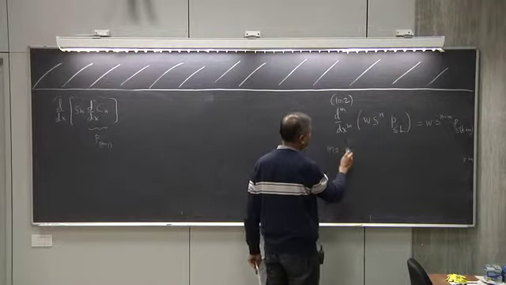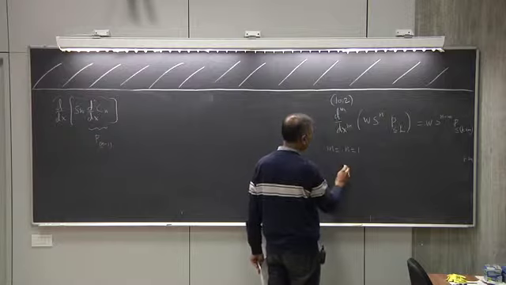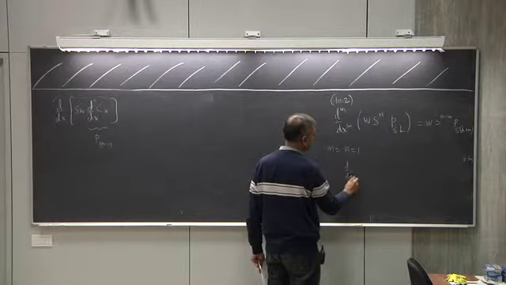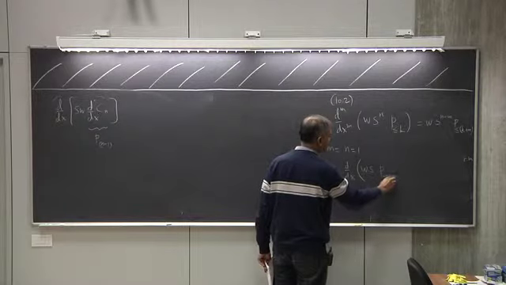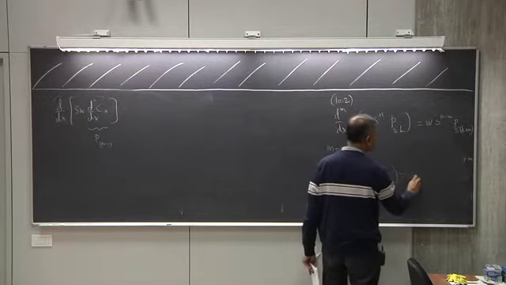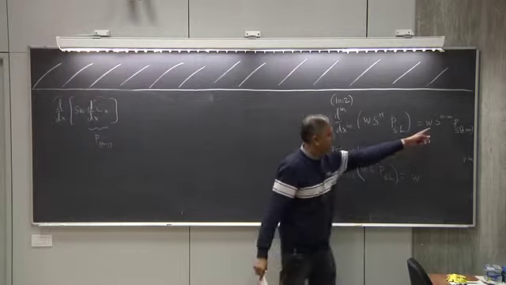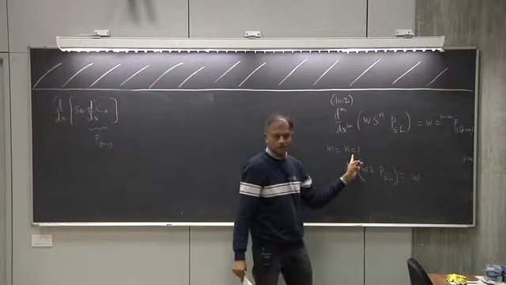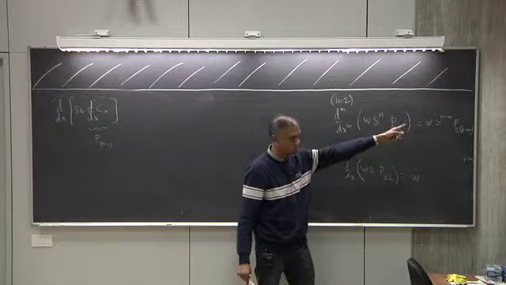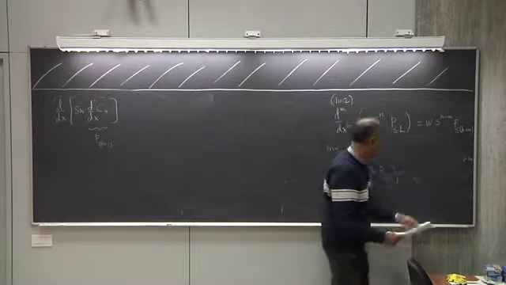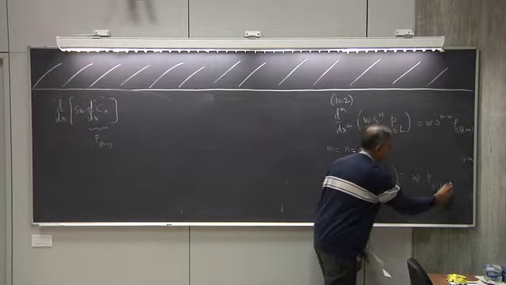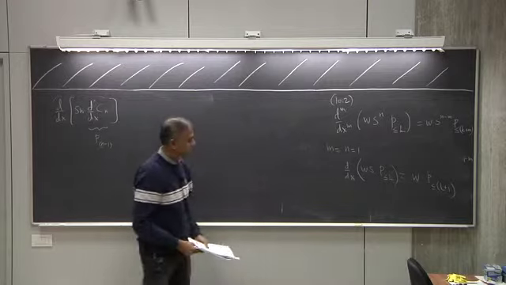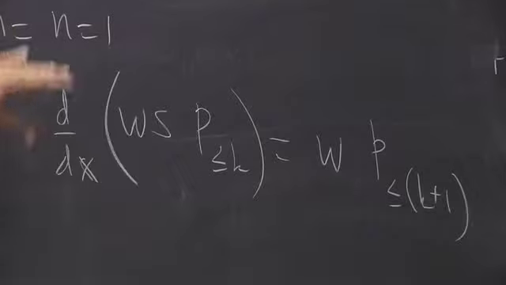This formula says that d by dx acting on ws times any polynomial of degree less than or equal to k is w, then s to the n minus m, but n and m are equal, so it is s to the power 0, which is 1, times a polynomial of degree less than or equal to k plus m, but m is 1. That's a special case of this general lemma, right.